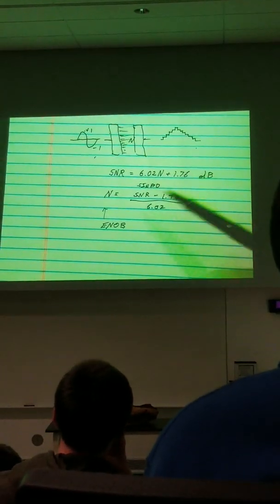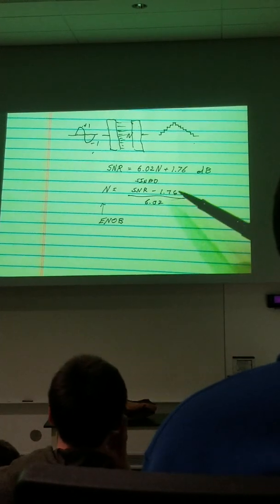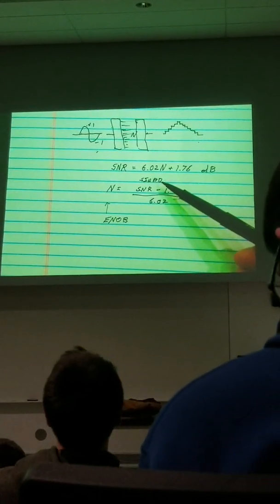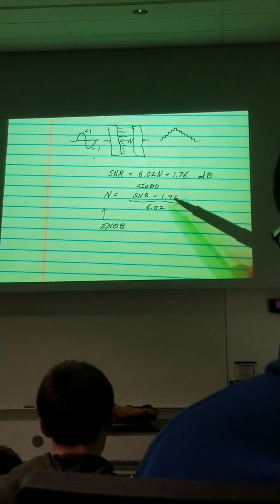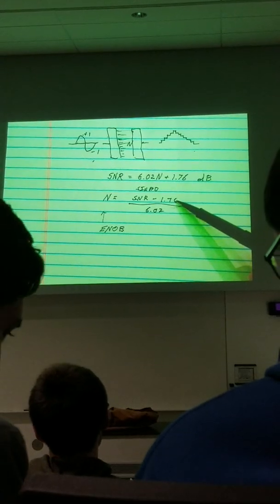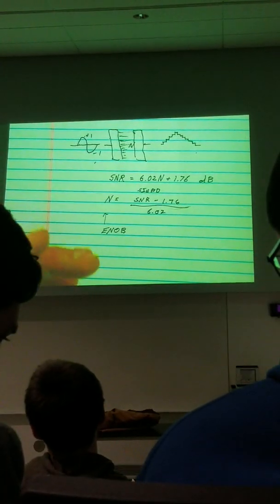So your signal to noise plus distortion in dB, minus 1.76, divided by 6.02, is your effective number of bits.